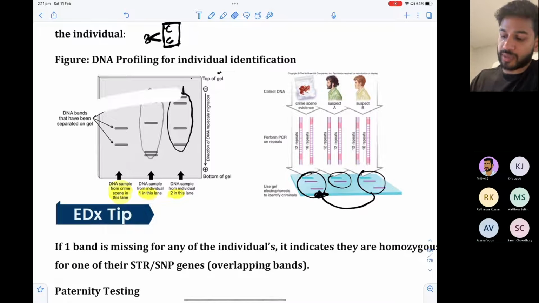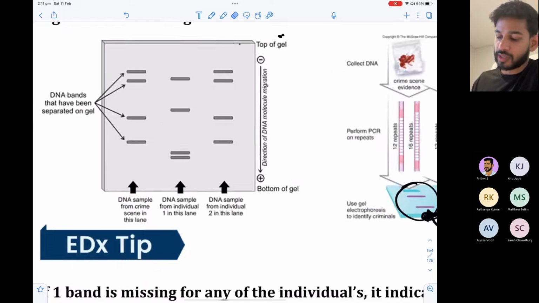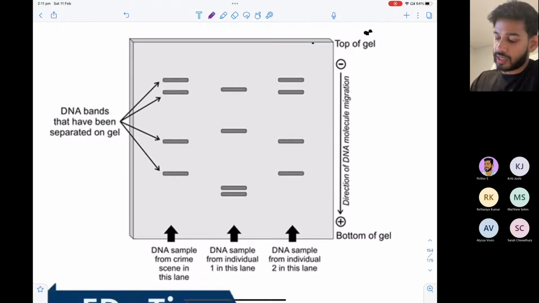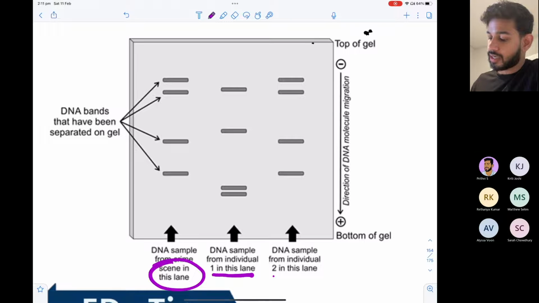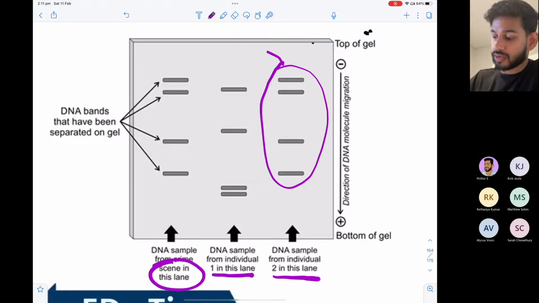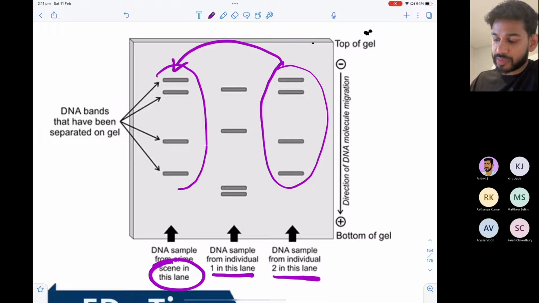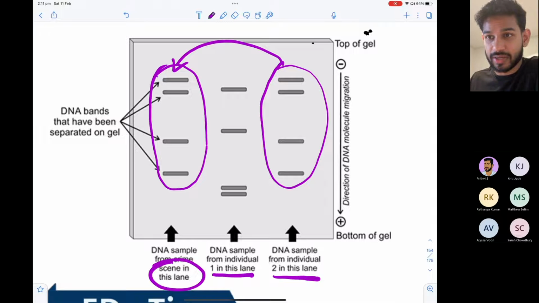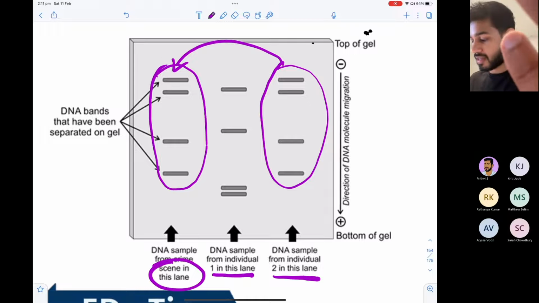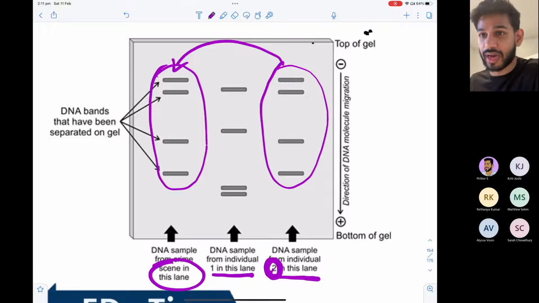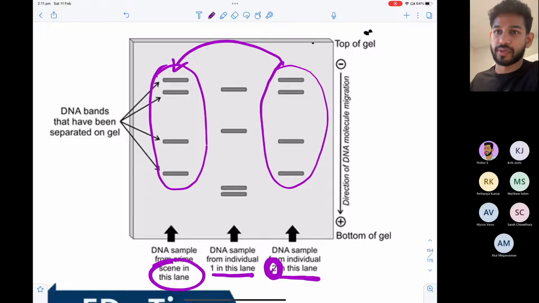When you look at this sample here, you see DNA from a crime scene, individual 1's DNA, individual 2's DNA. I think even a kindergarten student would tell me this lane looks like this lane, which means similar DNA. So straight away from this analysis, I can tell you that it's most likely individual 2, or in fact, with very high accuracy, individual 2 is at the crime scene, not individual 1.